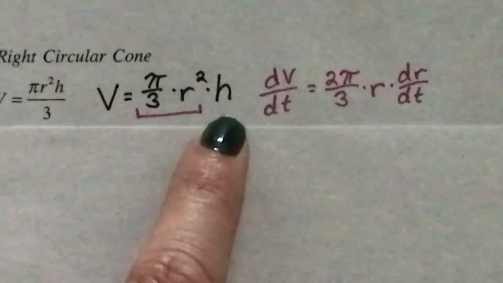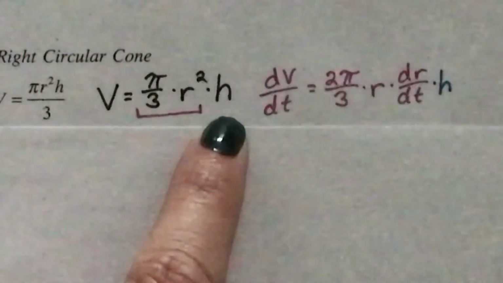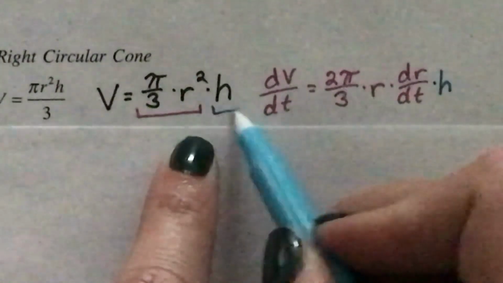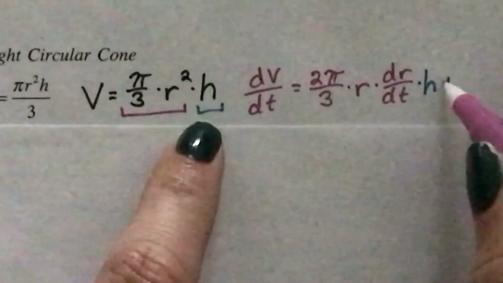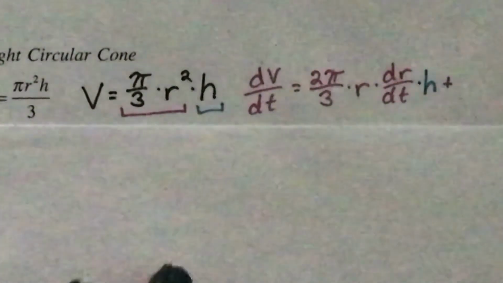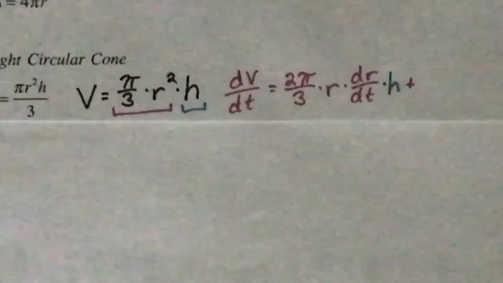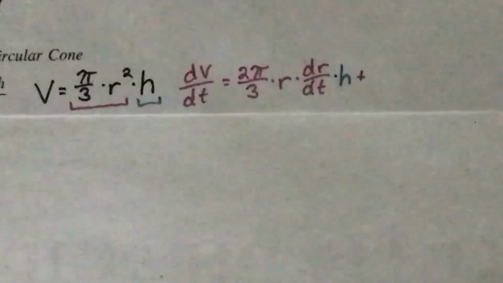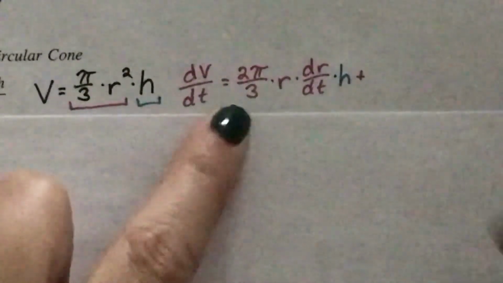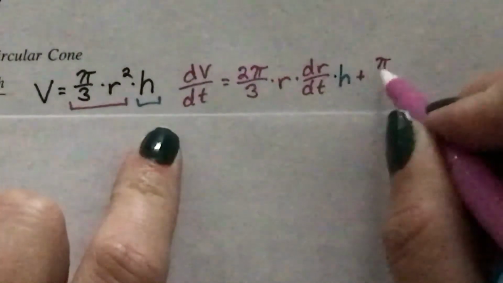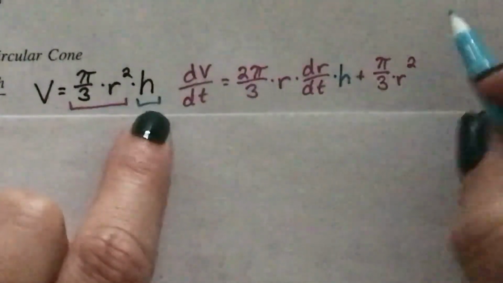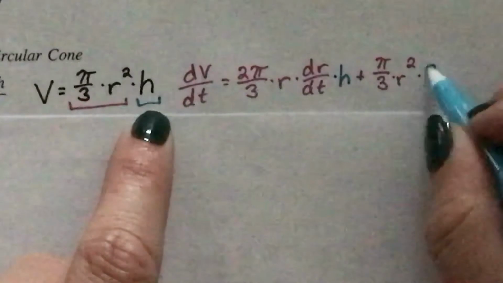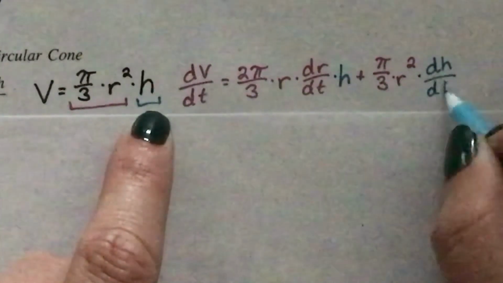And then we'll go ahead and put that h next to it, so times h. Plus, then we keep the original function, so that's going to be pi over 3 times r squared. And then times the derivative of the h function, which is just dh dt.